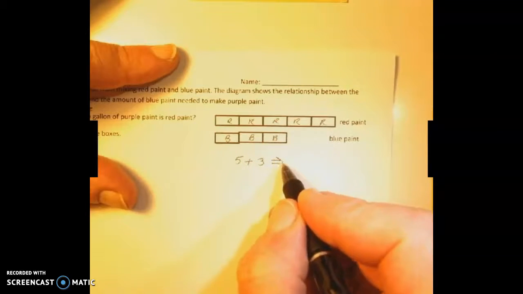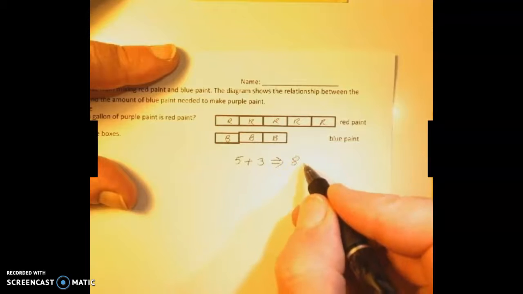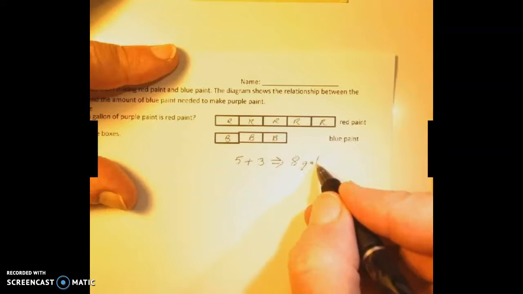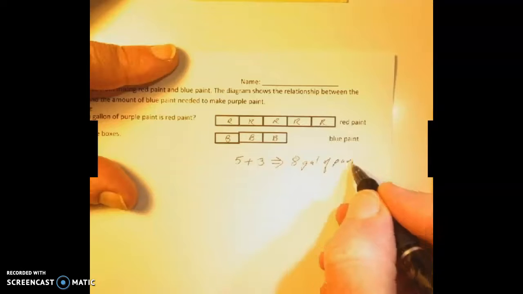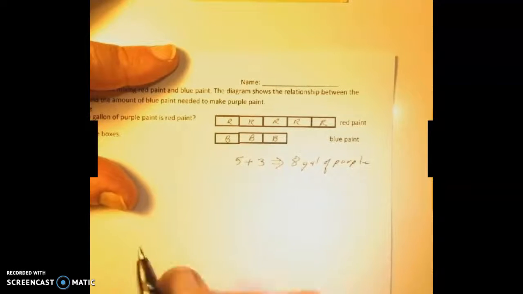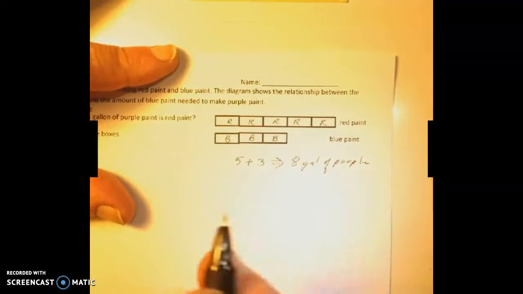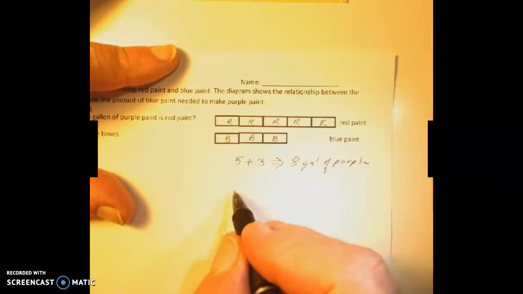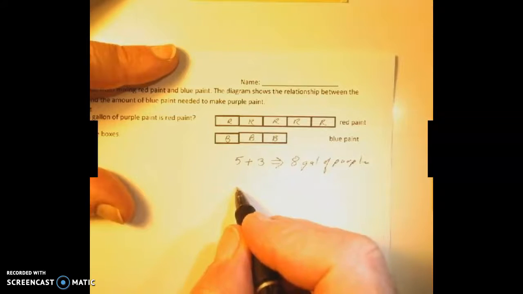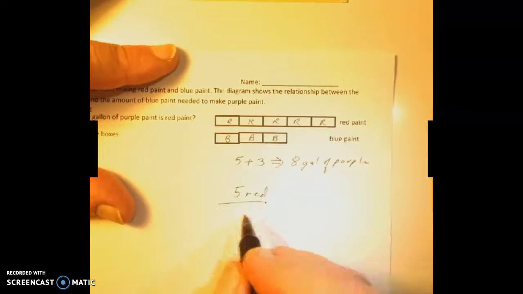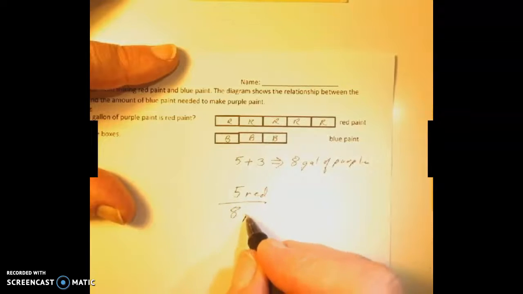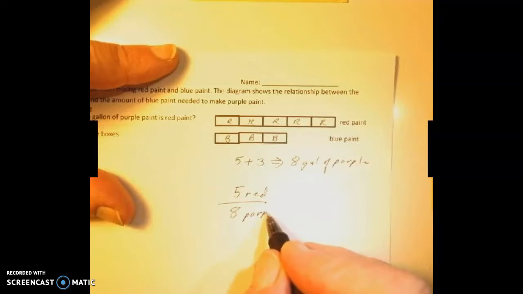You're going to come up with 8 gallons of purple. But the thing is, you need a unit rate. What you know right now then is that it takes 5 gallons of red to make 8 gallons of purple.